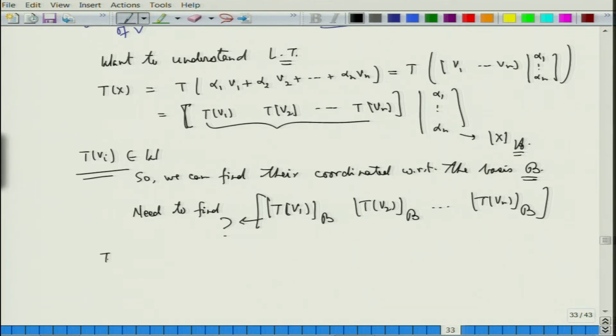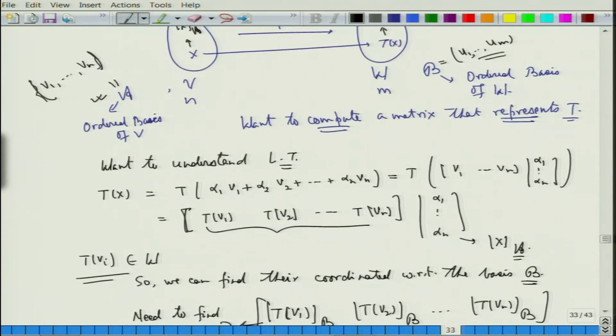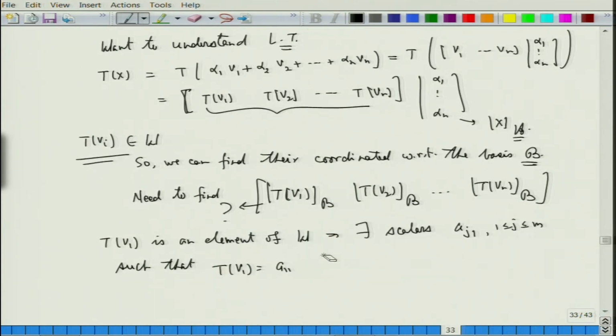Fine. So what we have is T of V1 is an element of W, implies there exist scalars Aj1, 1 less than or equal to j less than or equal to m, such that T of V1 is equal to A11 U1 plus A21 U2 plus Am1 Um.